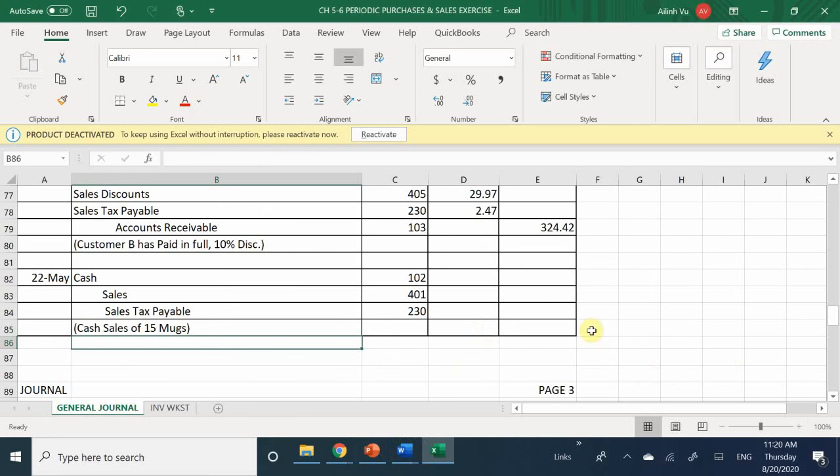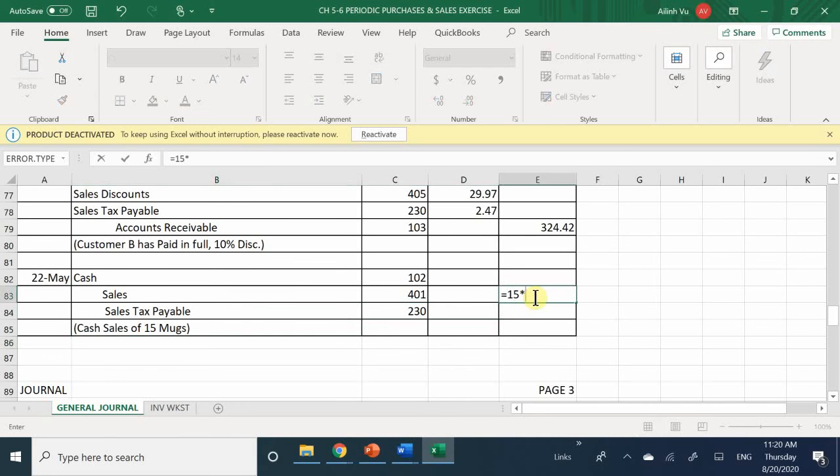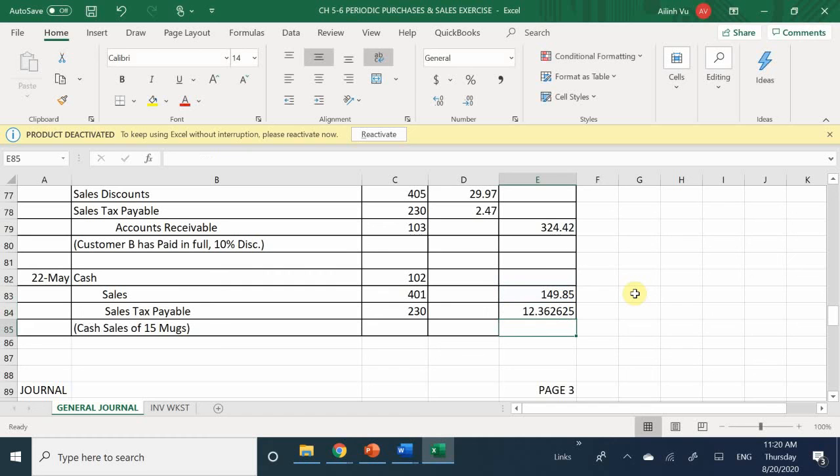So my total amount of sales is going to be $149.85, and our total tax is going to be $12.36. Because it's a big number, the number after the 6 is a 2, so therefore we only charge 36 cents.